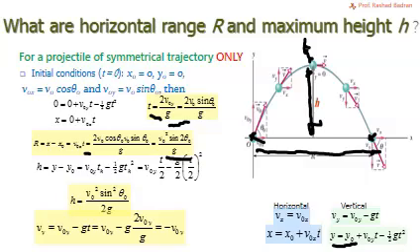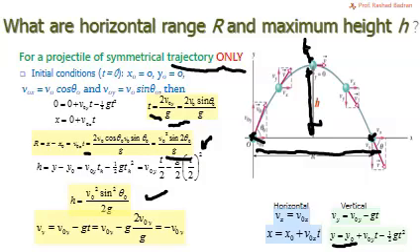This is the equation for the height. Again, we have to remind you that these two equations just derived are applicable just for the symmetrical trajectory. This is just for this one, and then you can use it in other trajectories.